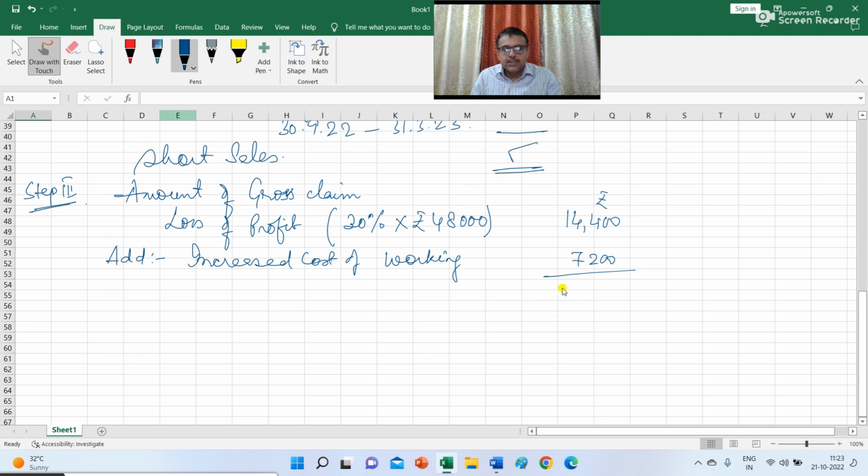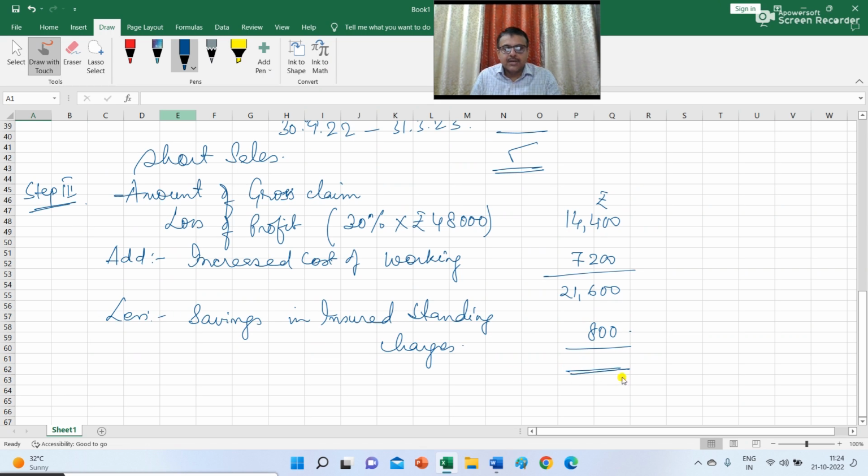So the total of these two is 21,600, and you have to reduce the savings in insured standing charges. It is given in the question that savings in insured standing charges is 800. So 20,800 is the amount of gross claim.